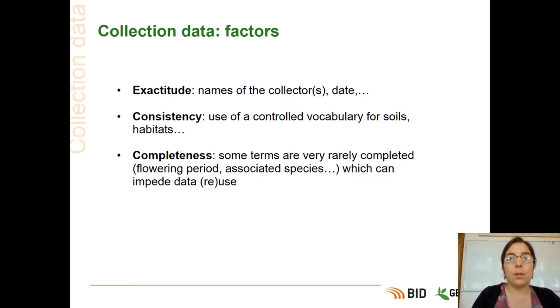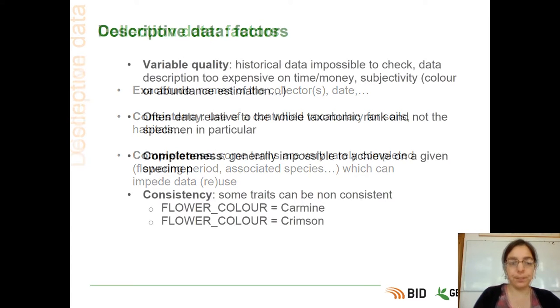So it can be really useful for you, for your colleagues, for later users of your data to know which species were associated with your specimen or with the individuals that you observed. So if you have this information, you should add them, even if you think it's not interesting. It can be interesting to someone one day.